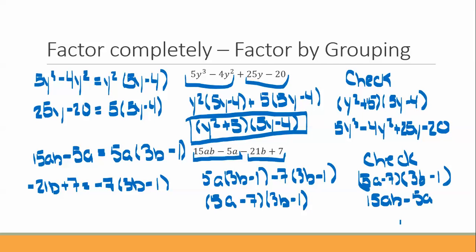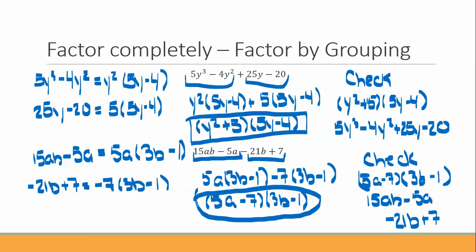Minus 7 times positive 3b is minus 21b. Minus 7 times minus 1 is plus 7. This, what we just checked, is the same as our original problem. So the original problem factors into 5a minus 7 times 3b minus 1.